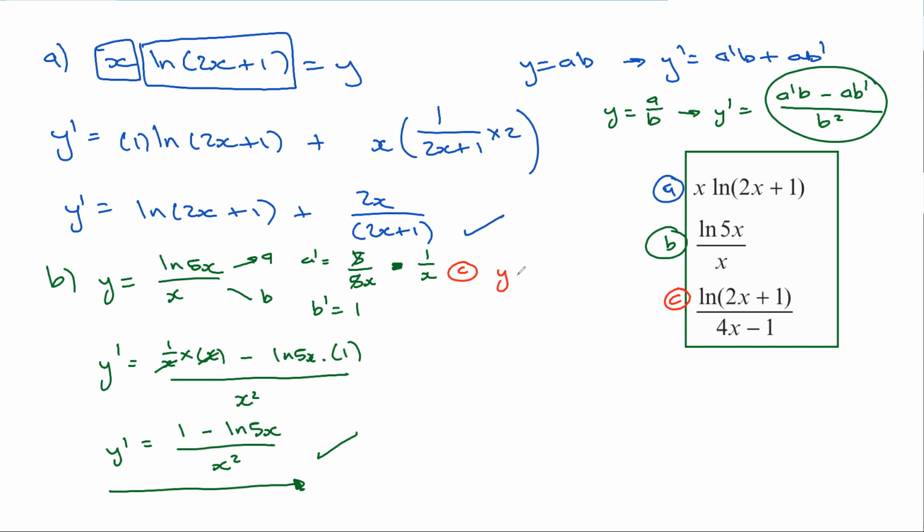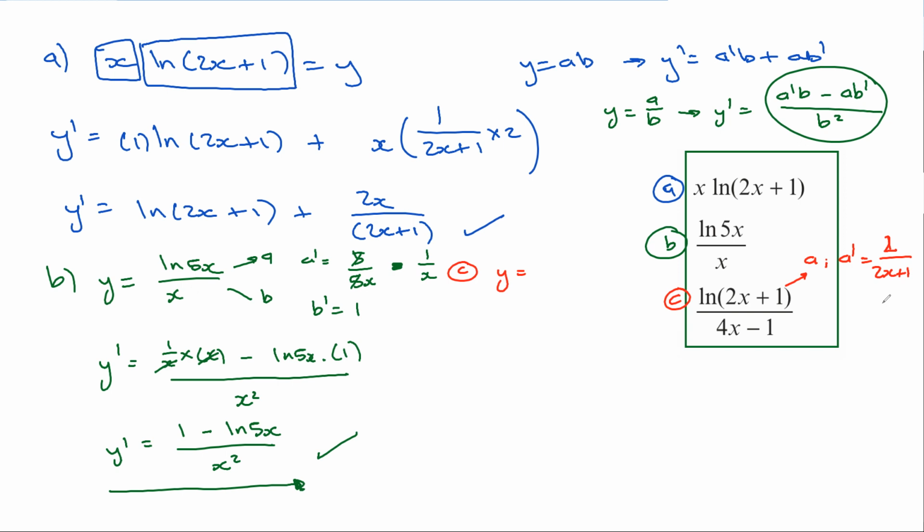I got y equals, again, we will use the quotient rule for this one here. So if this at the top is given as a, then the derivative of this function would be 1 over 2x plus 1 multiplied by the derivative of the inside, which is 2.